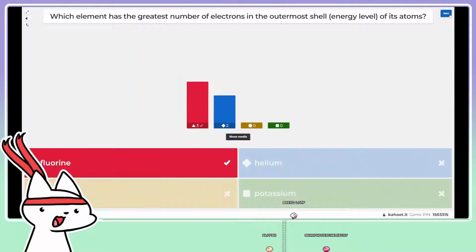In this case, this question was chosen because most students said, hey, group 8 is a full valence shell, so helium must be the answer. No, helium is the problem.